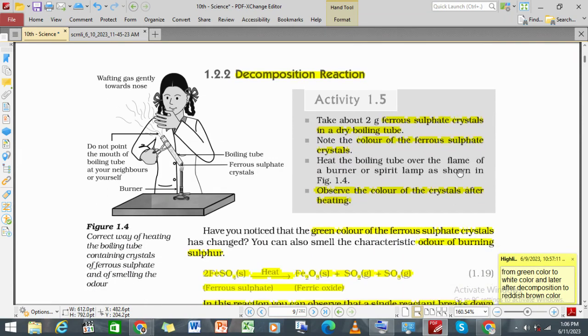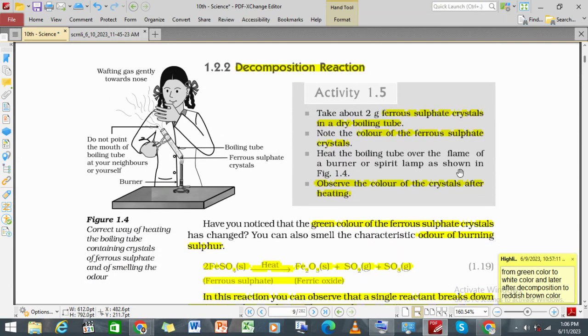Now, what is a decomposition reaction? Ferrous sulfate crystals are put in a dry boiling tube, and we have to note the color of the ferrous sulfate crystals, which are green in color. All right, ferrous sulfate crystals are green in color, and we put them in the boiling tube.